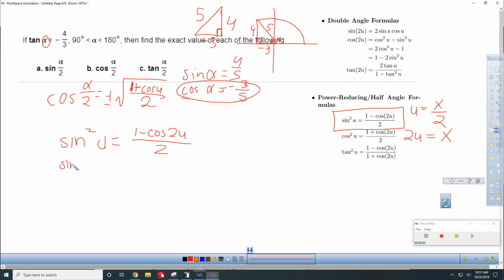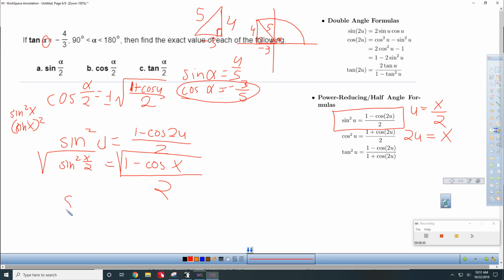So sine squared of x over 2 is (1 minus cosine of x) over 2, since 2u is x. Well, if you remember, sine squared of x is the same thing as sine of x squared. So that is why you saw her take the square root of both sides.